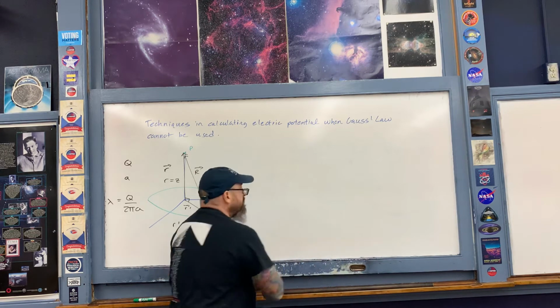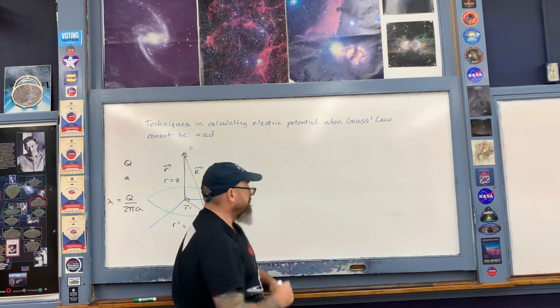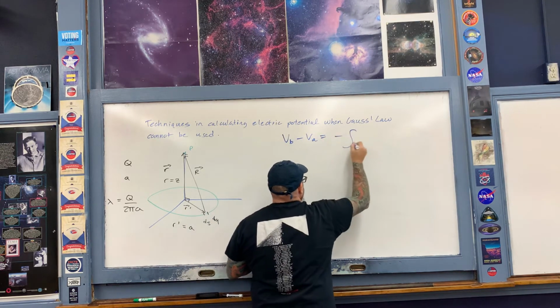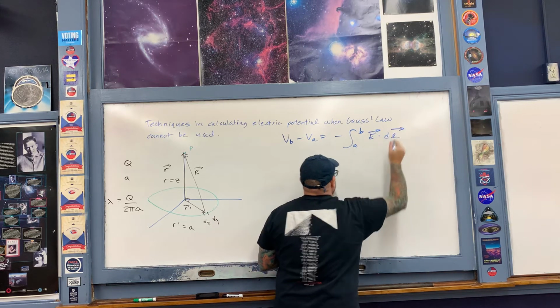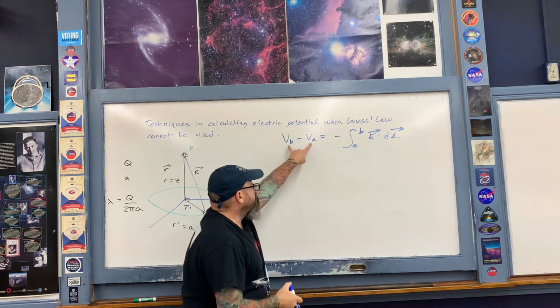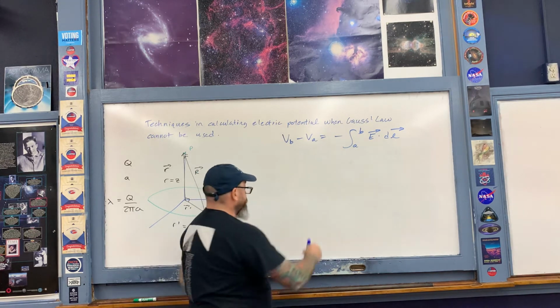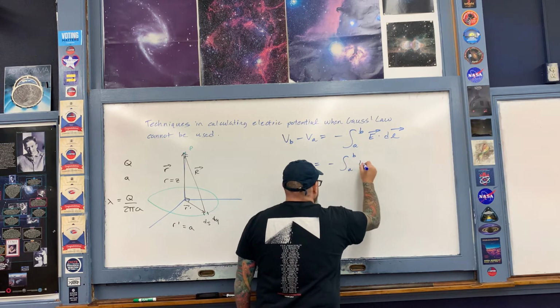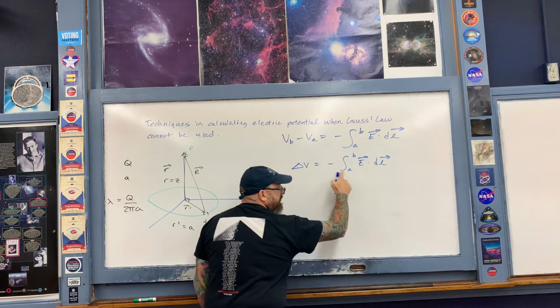Now let's take a look at the following general expression that describes difference in electric potential. Let's write the potential difference here just generically as a delta V. Now let's get rid of the integral sign.